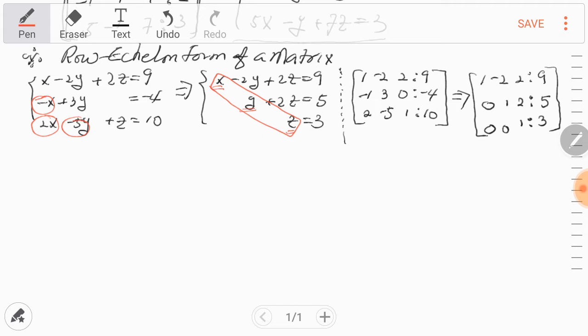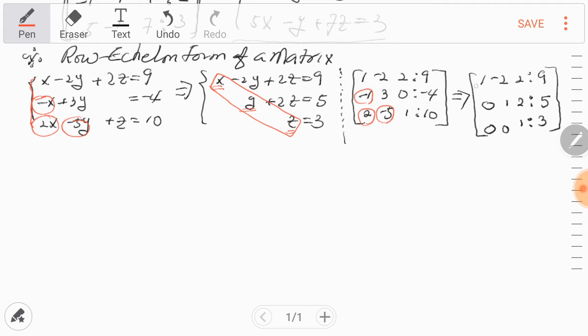But once we rewrite this in a matrix, just like the system of equations, we will get rid of this negative 1 from the second row, and the 2 and negative 5 from the third row.